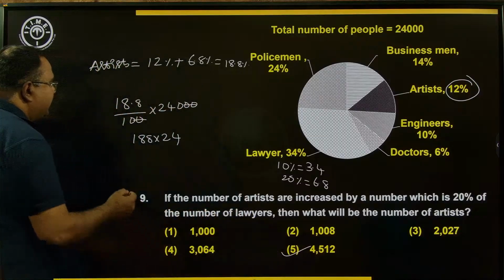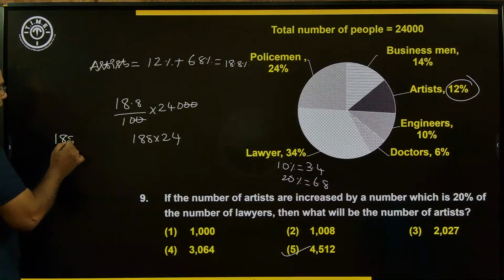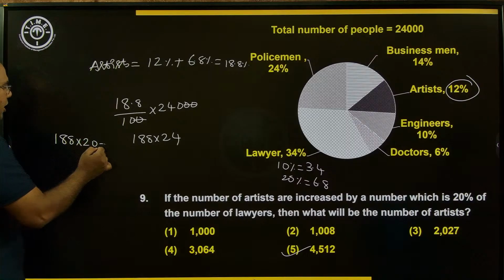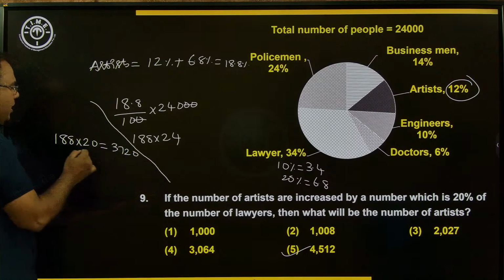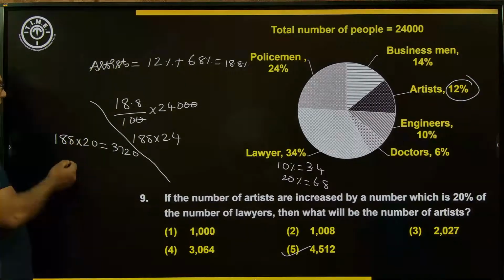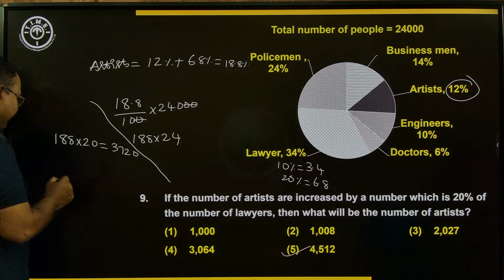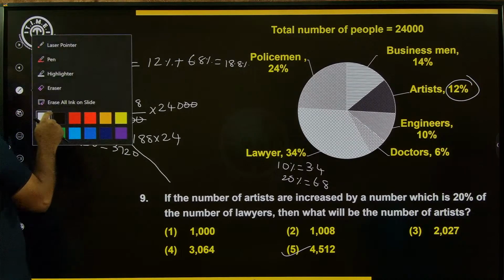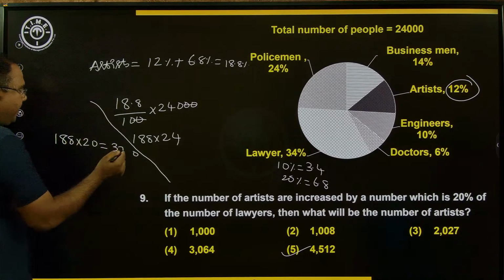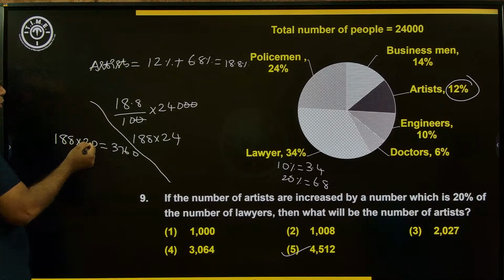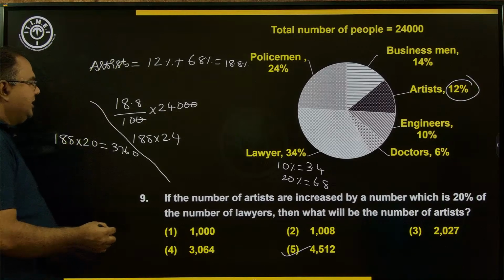We can do it like this. 188 into 20 you do. How much is this? 188 double is 376, 8 into 2 is 16, 3760.